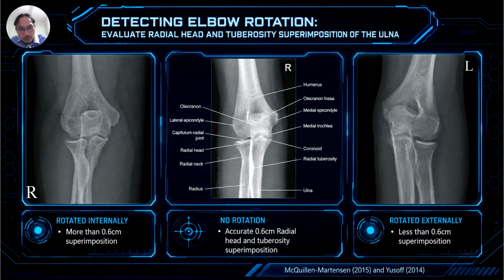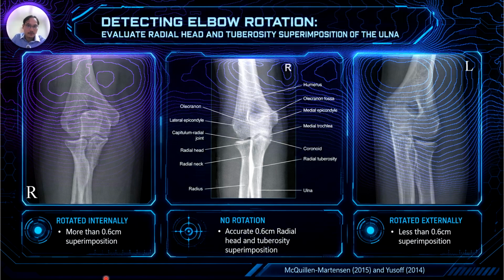For AP elbow, there are two circumstances. First is detecting elbow rotation, and second is detecting elbow flexion. One of the most important positioning assessments is evaluating elbow rotation.